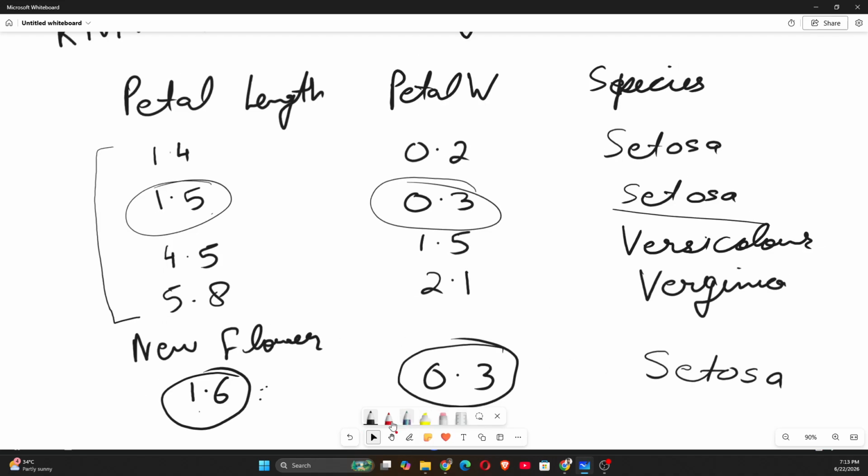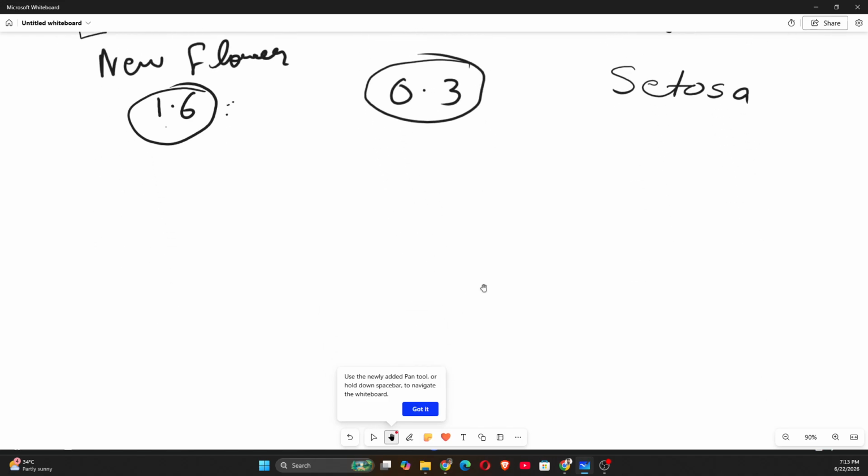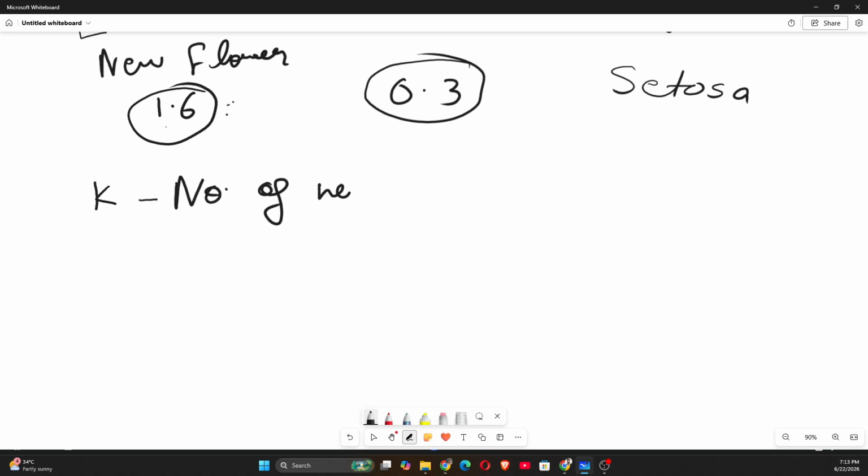Now coming to what K means in K nearest neighbors. It is the number of neighbors considered. Now let's take the example with k equal to 3.